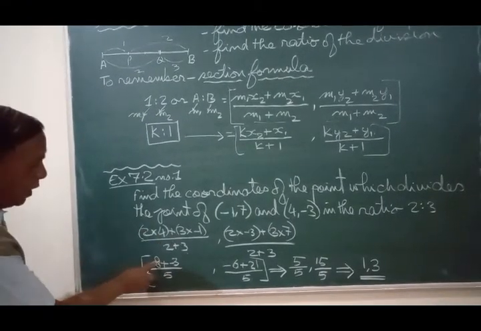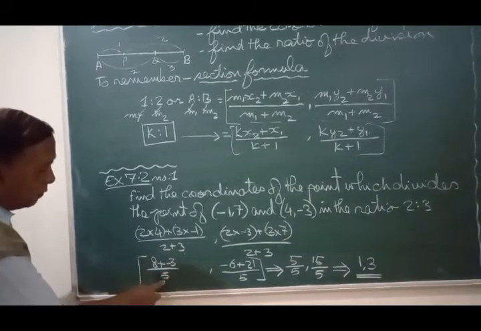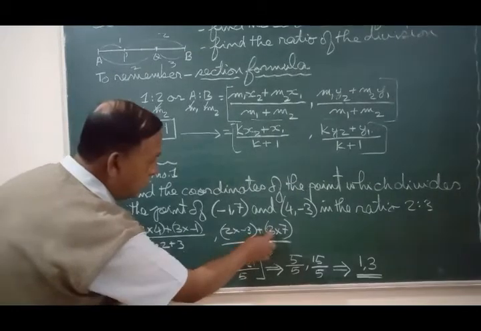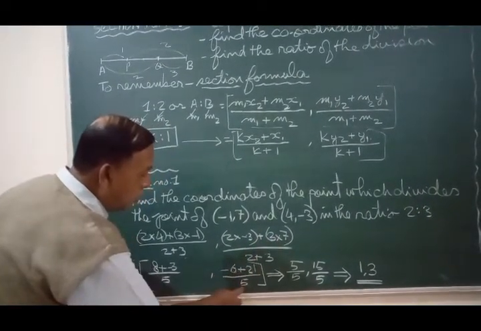2 into 4, 8, plus 3 into minus 1, minus 3, so 5 upon 5. Comma. 2 into minus 3, minus 6, and then 3 into 7, 21, upon 5.